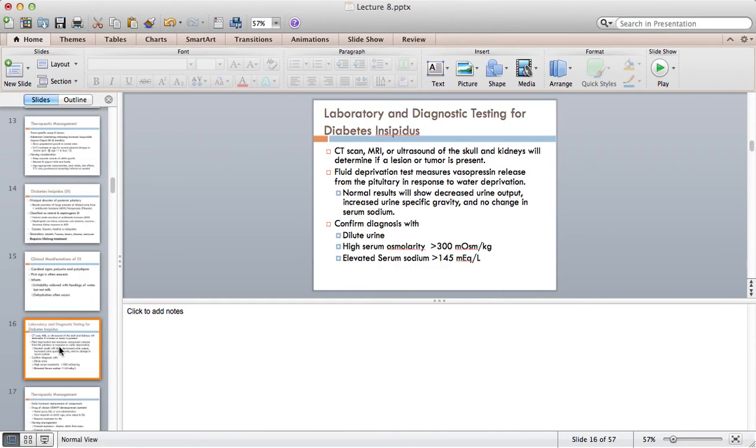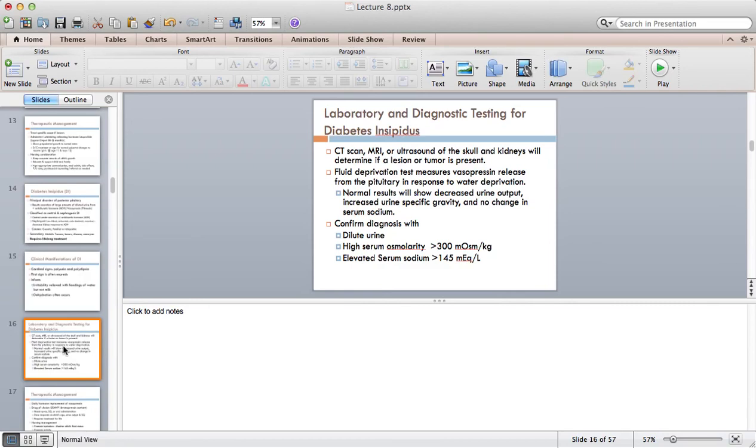High sodium level, high osmolality, diluted urine with less specific gravity. So this is also saying it in other ways, and that is what confirms your diagnosis.